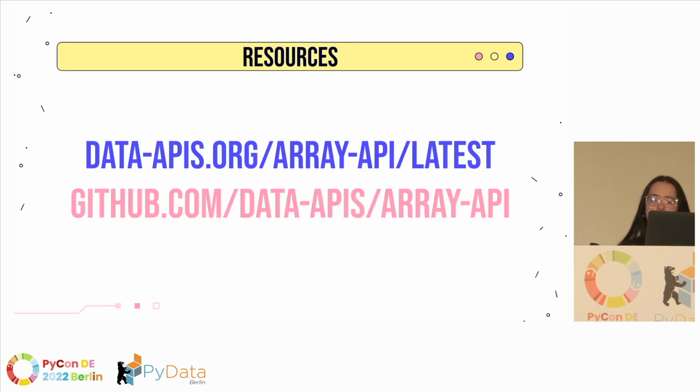If you want to dive in and really see what's under the array specification, I invite you to go to dataapis.org and go to the array API. It is really easy. If you type array API and data APIs, it will be the first link that you see on Google. We have all the specification for all the functions, and we're defining all the documentation in NumPy docs style.